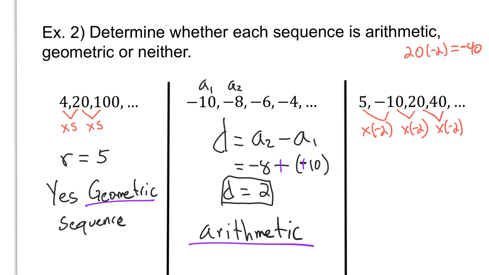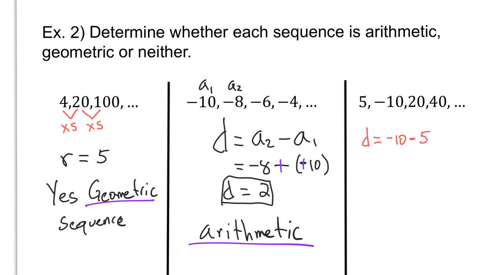So let's erase this work and try if it is arithmetic. So we have to check if you're adding. So let's see here. If you take the second term minus the first one, and the first one is 5, the common difference should be -15.